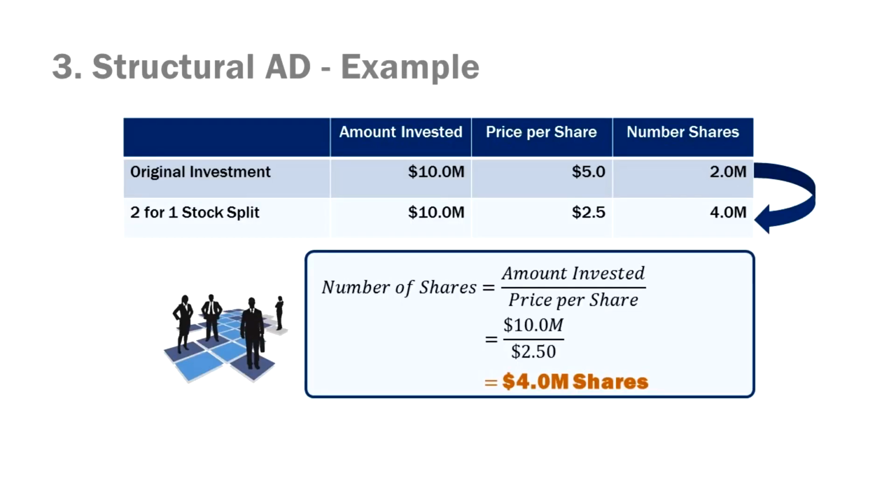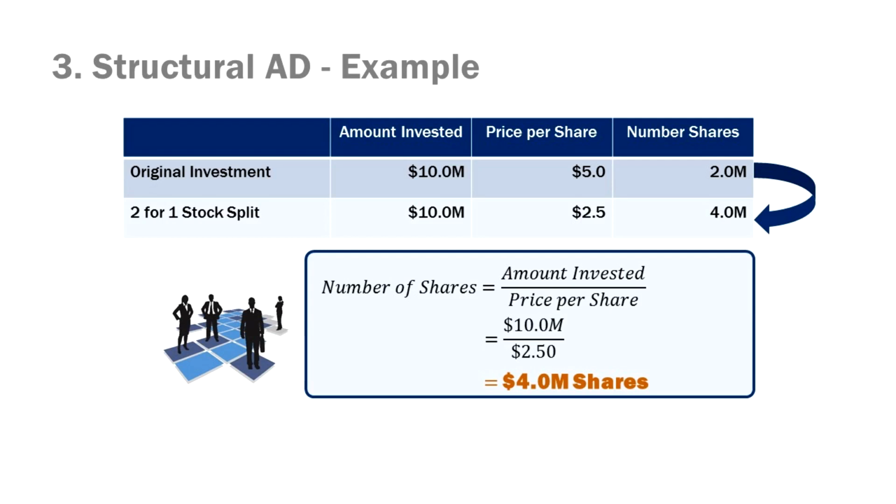Suppose, in our example, that our $10 million investment was originally sold to investors in the round for $5 per share. On an if-converted basis, investors would be entitled to 2 million common shares. If the company decides to have a 2-for-1 stock split of its outstanding common shares, the conversion price is reduced in half to $2.50, or $5 divided by 2.